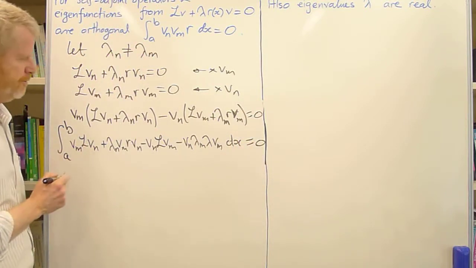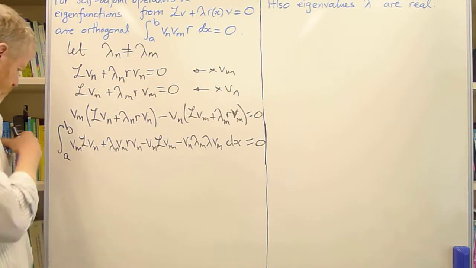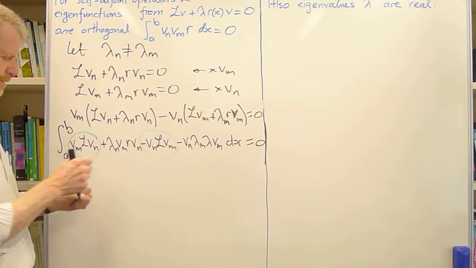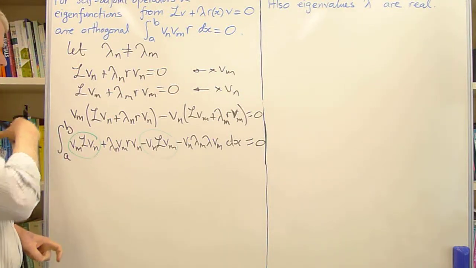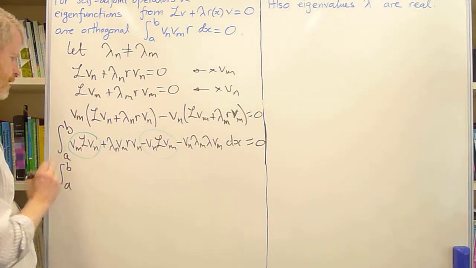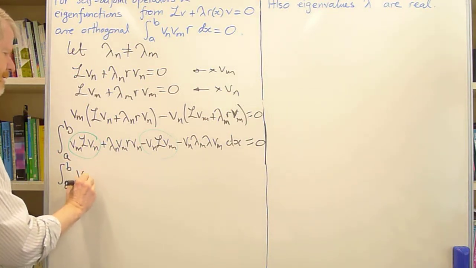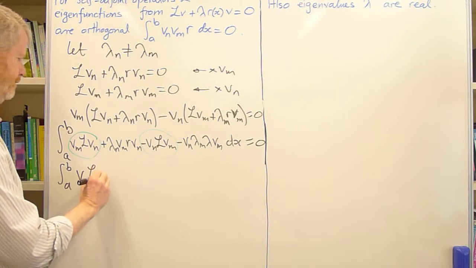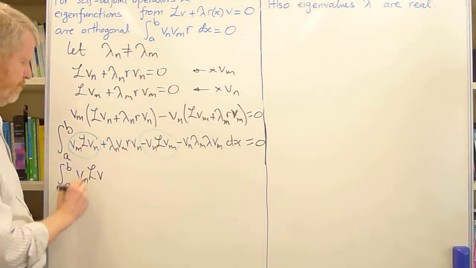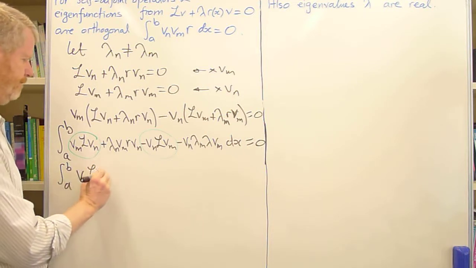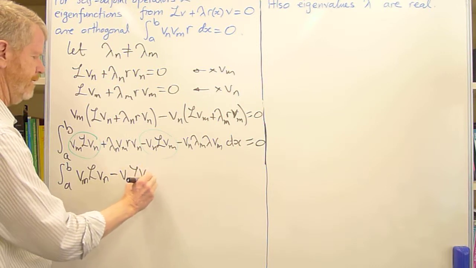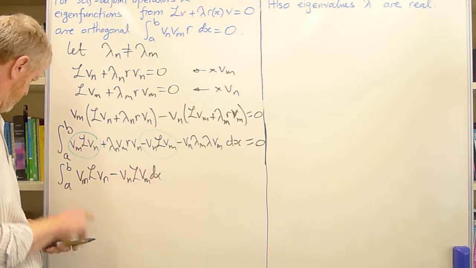Now look inside this integral, what have we got? In those two terms, something that relates to this concept of self-adjointness. So let's group them. It is the integral from a to b, Vm L Vn minus Vn L Vm dx.